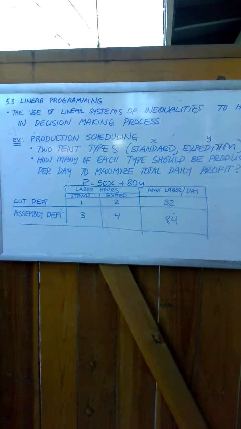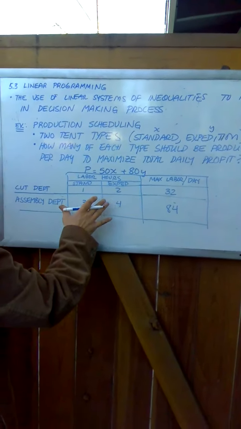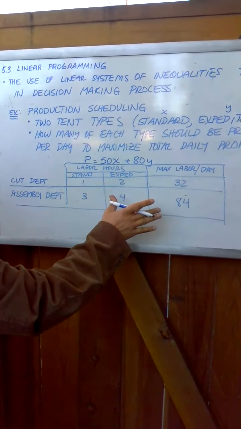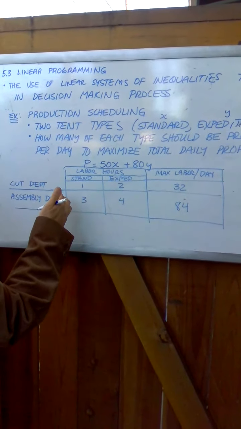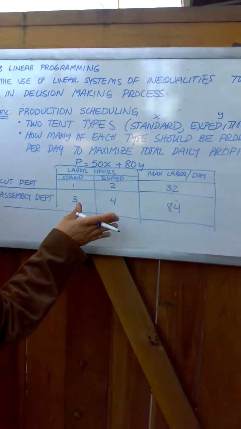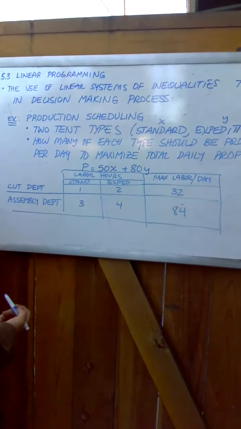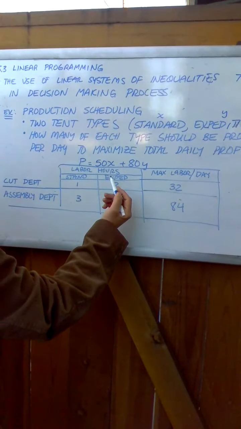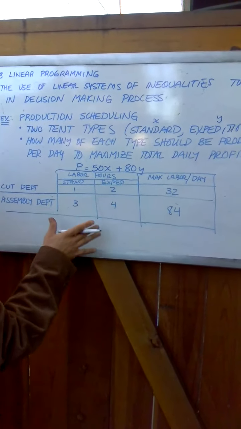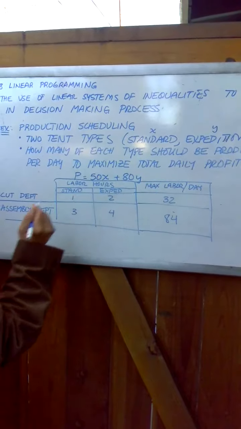So with these restraints, we have our system of inequalities set up. Our objective is to figure out, once we solve this system made up of these inequalities, and then we have this profit equation, which of these XY solutions will give us the maximum profit?